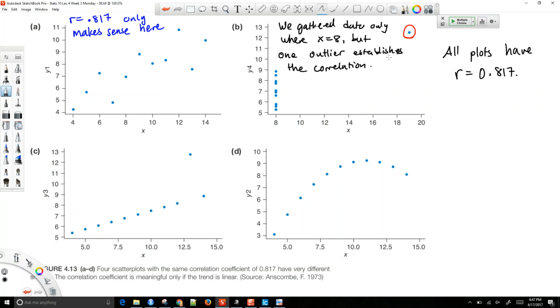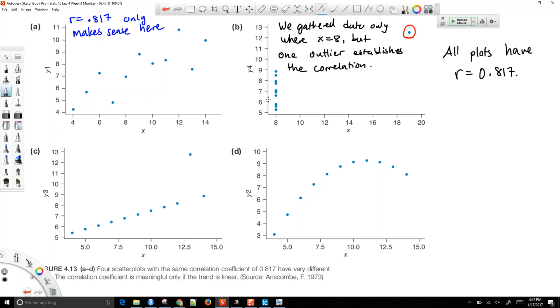Let's say you surveyed 50 people and you asked, how much money do you make? How many fingers do you have? You get all sorts of answers for how much money people make, right? But then you ask how many fingers do you have, and all 50 people say I have 10 fingers. So in that case, your x is 10 for everybody, but you have different amounts of income coming in, right?